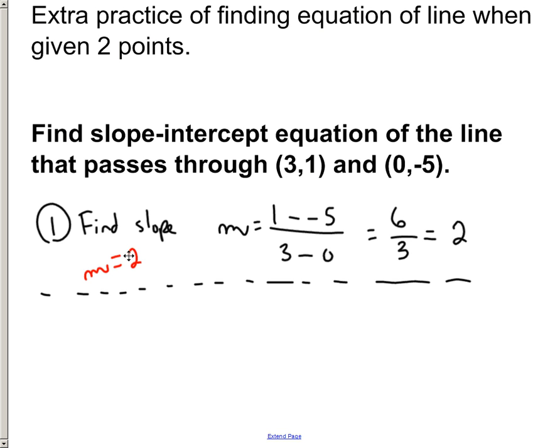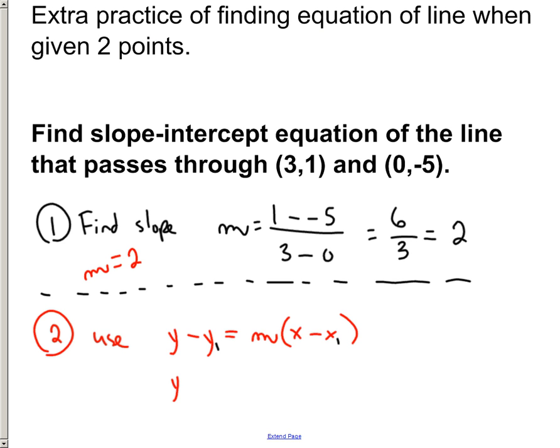Now, use y minus y1 equals m parentheses x minus x1. And if you want, you can put the subscript 1 in there, and it just means that we're going to substitute in for the second y and the second x here in this equation. So let's see here.